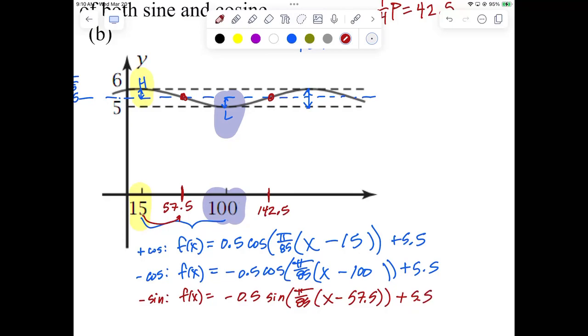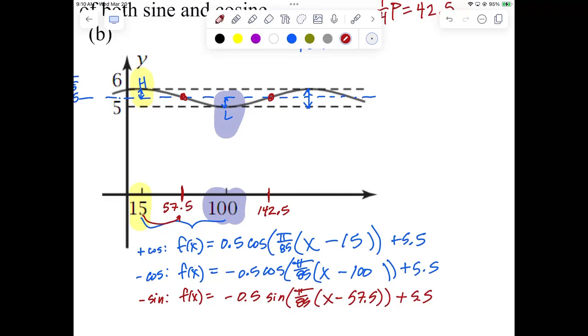Make sure you close that second parenthesis. If you're doing this on a test or a quiz and you forget to close that second parenthesis, you're not gonna get credit because that second parenthesis then would include the 5.5 inside the angle, and that's not good, is it? So little details like that matter.